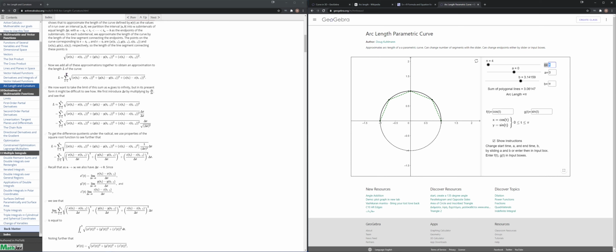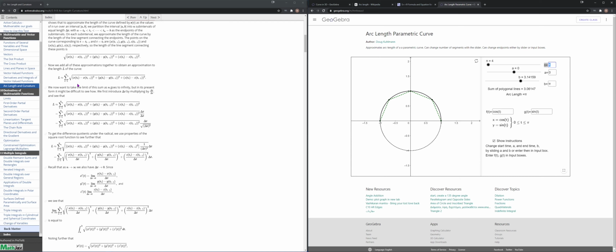You calculate the length from here to here, here to here, here to here, and here to here, and that gives you this right hand side in the case when n is equal to 4. This right hand side is approximately equal to the true arc length, which is denoted by big L in this textbook.